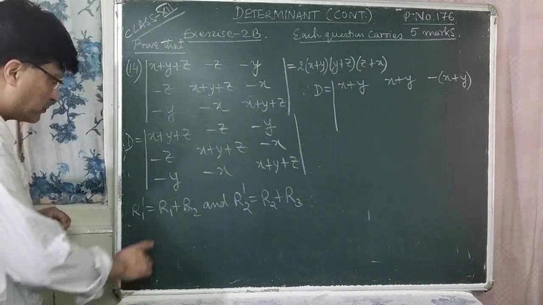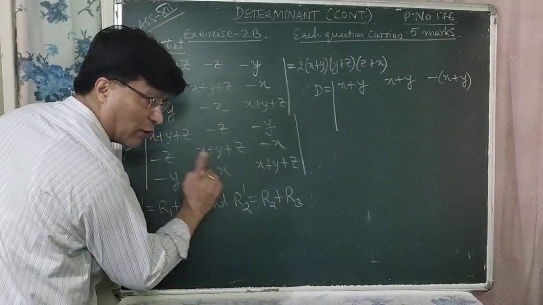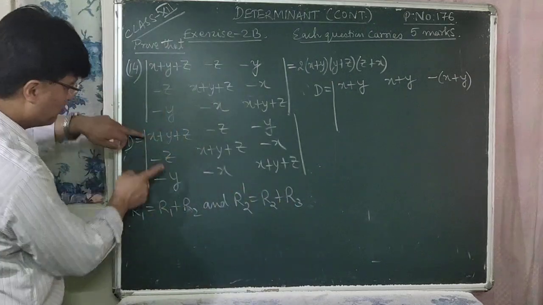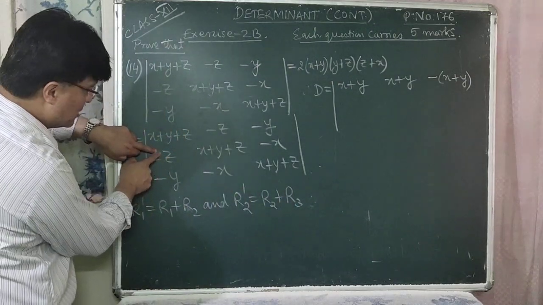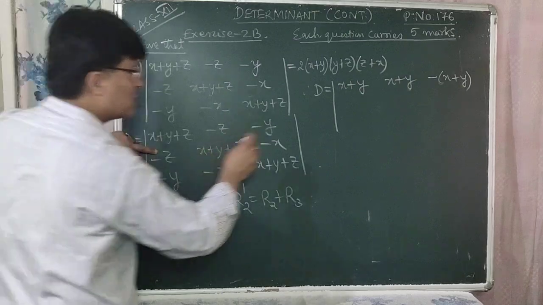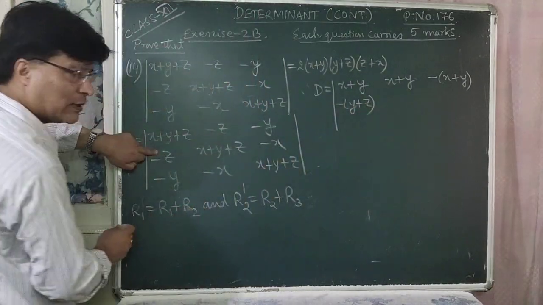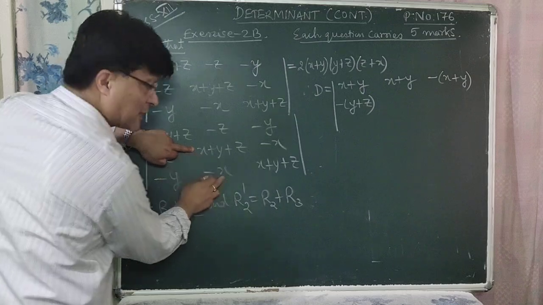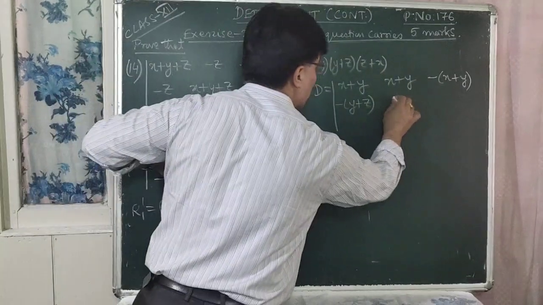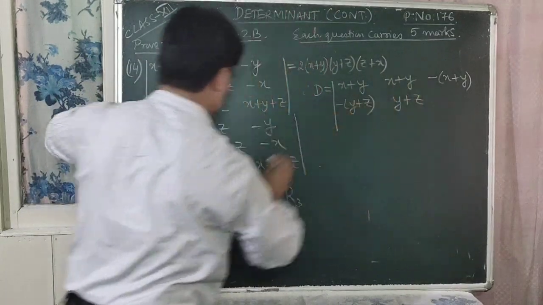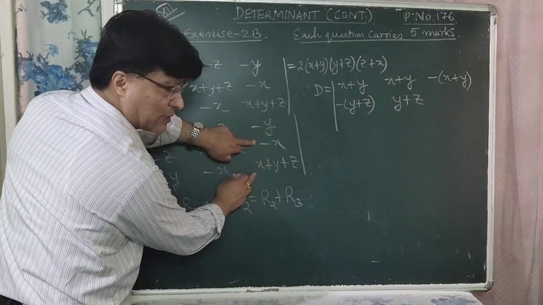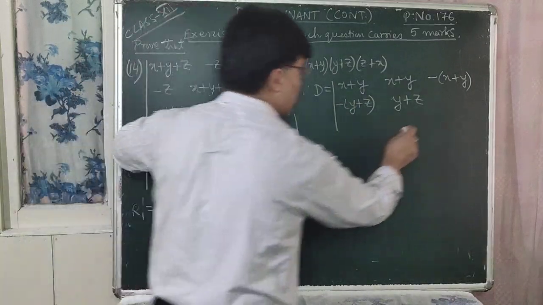Next, now row 2 is changing. How does it change? R2 plus R3 now. This plus this. Again, this is minus z minus y. Minus is common here. Y plus z, right? Again, this plus this, x gets cancelled. You get y plus z. This is y plus z. Again, minus x plus x gets cancelled. You get y plus z.